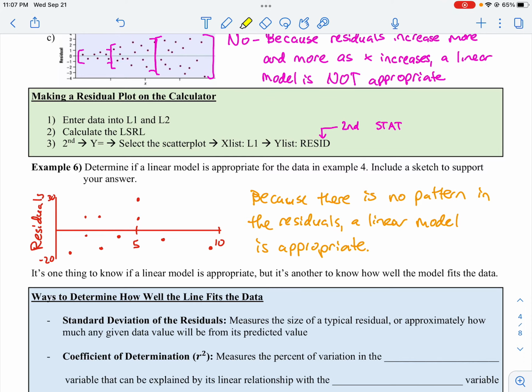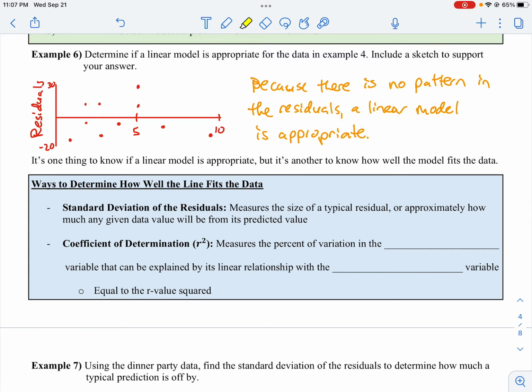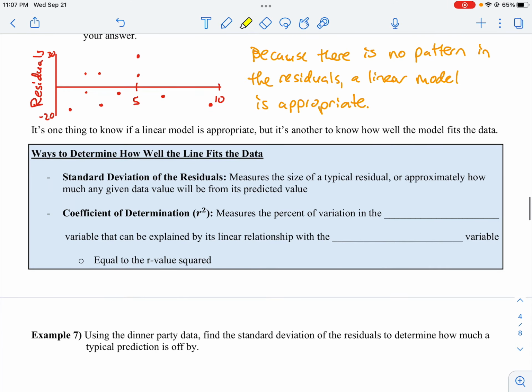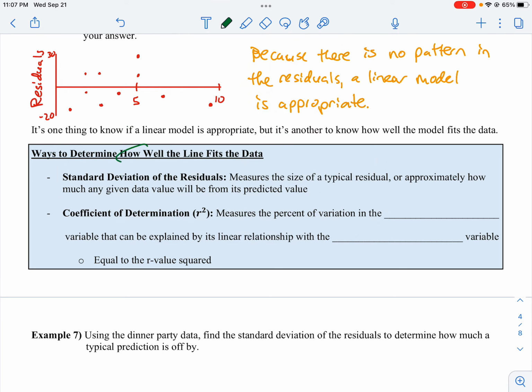One of the things we know about is correlation, and therefore one of our two options here is related to correlation. We have two ways to determine how well a line fits our data. One of them is the standard deviation of the residuals. What we do is calculate the residual for each of our data values. And then once we know what each of those are, we calculate the standard deviation of those.